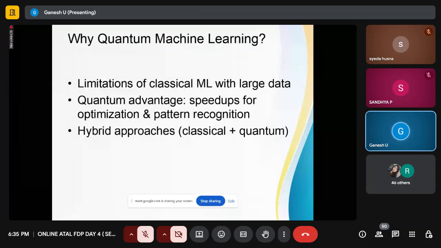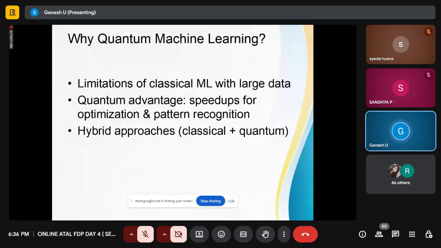Quantum is mainly for fastness. As you may have heard in the last session about the speed of the quantum machine, what a supercomputer takes years, even 8 years, to go through, it will take just minutes.